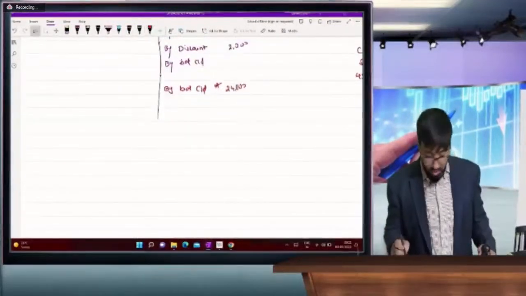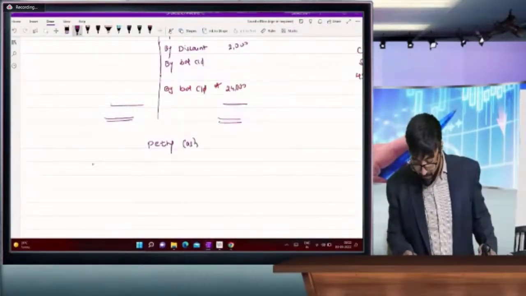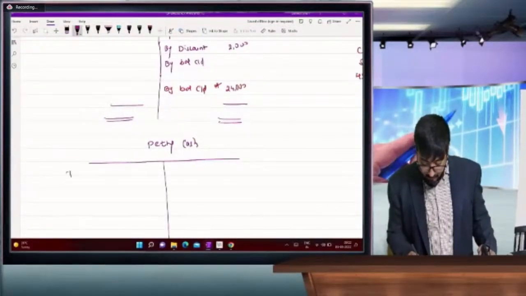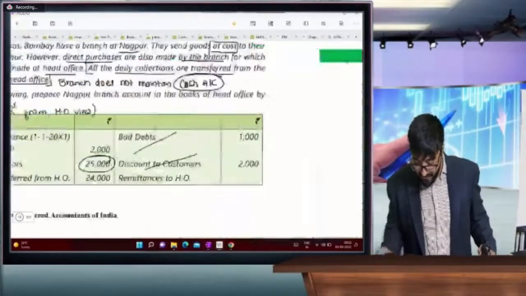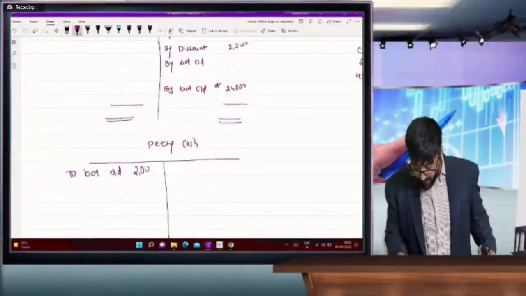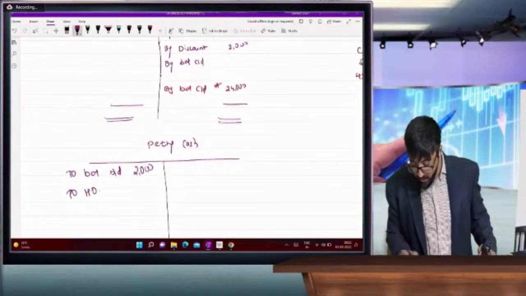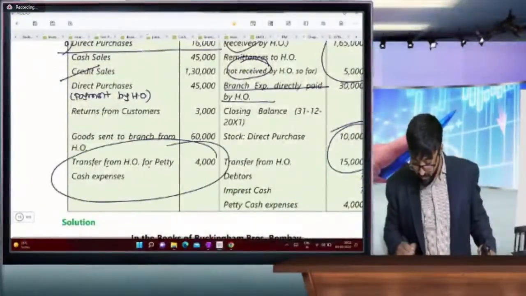Petty cash. Yes, now we are doing petty cash. To balance brought down, that is imprest cash, 2,000. To HO: how much petty cash did HO send? 4,000.